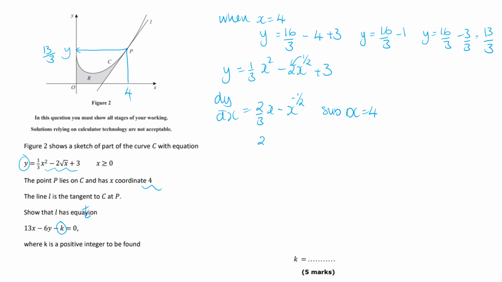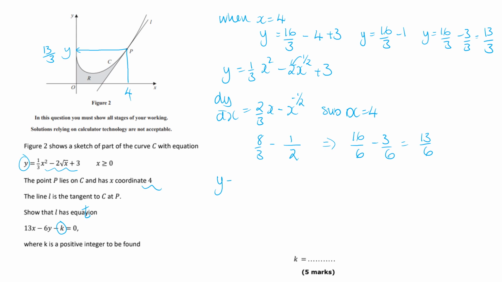So we're going to get 2/3 times 4, which will be 8/3, minus 1 over the square root of 4, which is 2. Let's turn that into sixths. So it's 16/6 minus 3/6. So that is now 13 over 6.